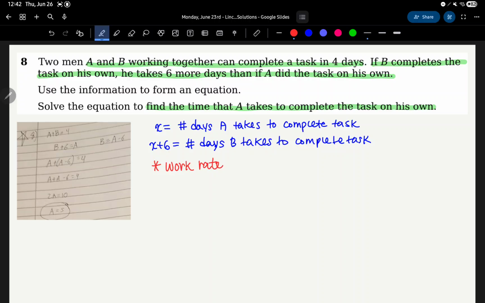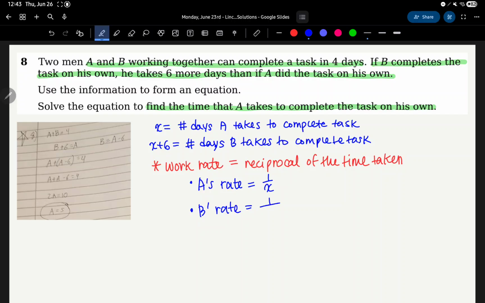Work rate is the reciprocal of the time taken. What does that mean? So basically, A's rate is going to look like 1 over x, and B's rate is going to look like 1 over x plus 6.